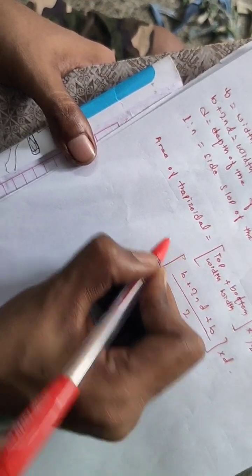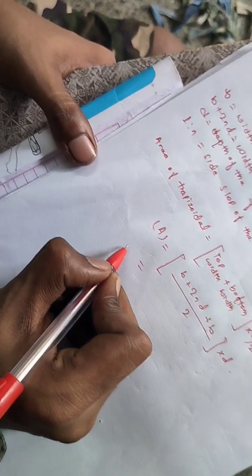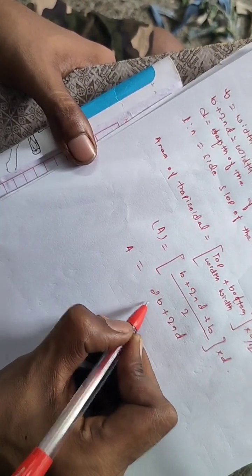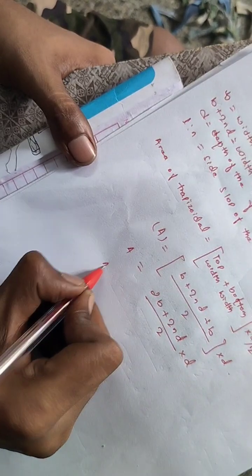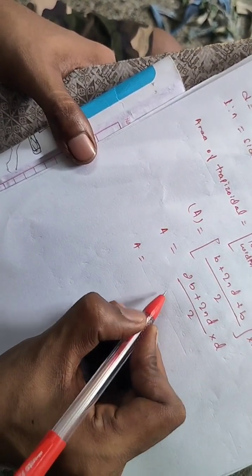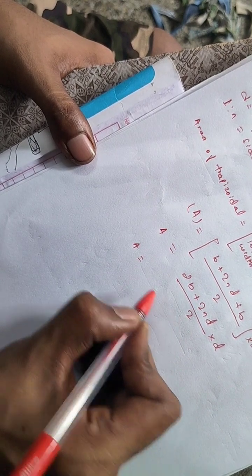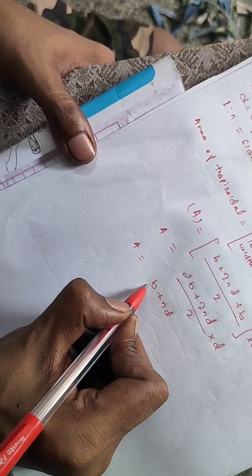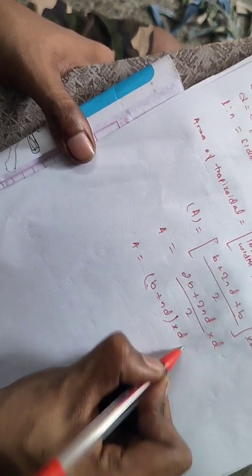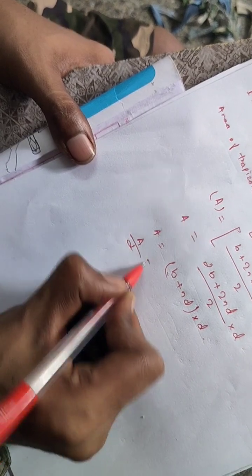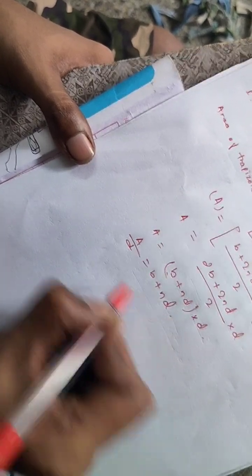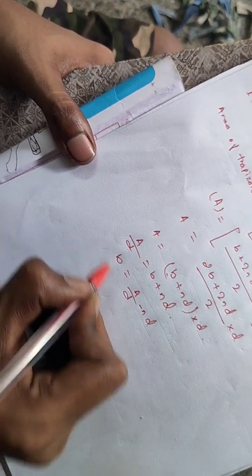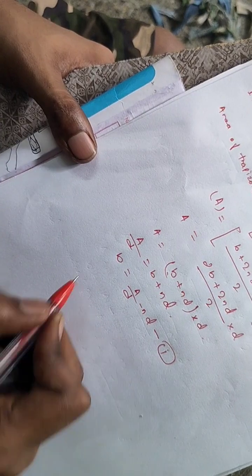The area of the trapezoidal is 2b plus 2nd by 2 into d. Here we take 2 common, and 2 will cancel. So b plus nd times d, A by d equals b plus nd, b will be equal to A by d minus nd, which we take as equation 1.